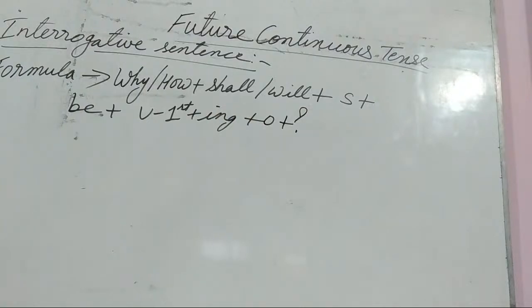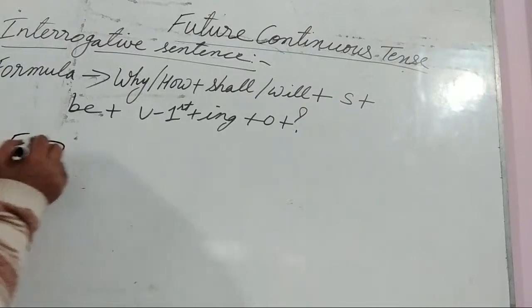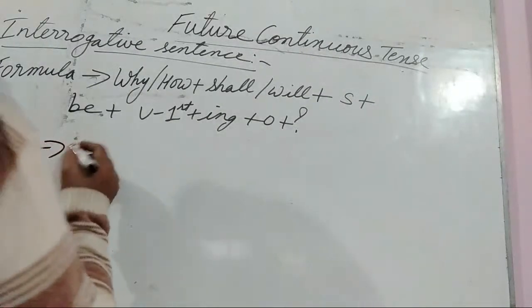The formula for the interrogative sentence in future continuous tense is: why or how plus shall or will plus subject plus be plus verb of first form plus ing plus object plus question mark. Now let's see the example related to it according to the formula.